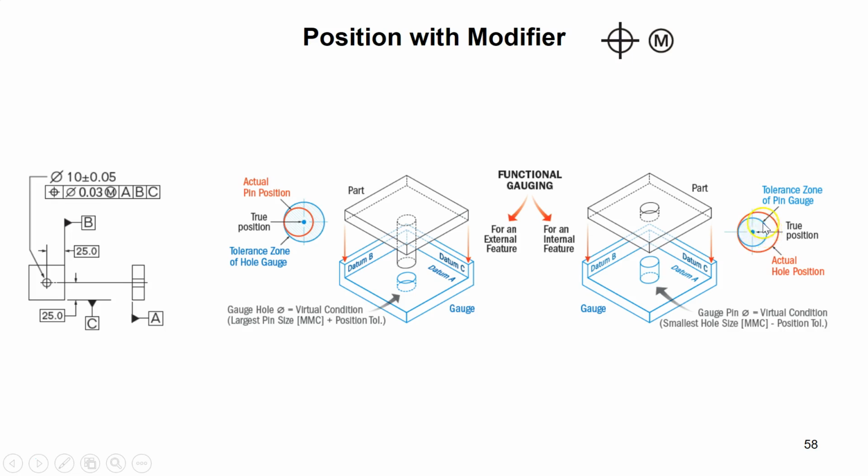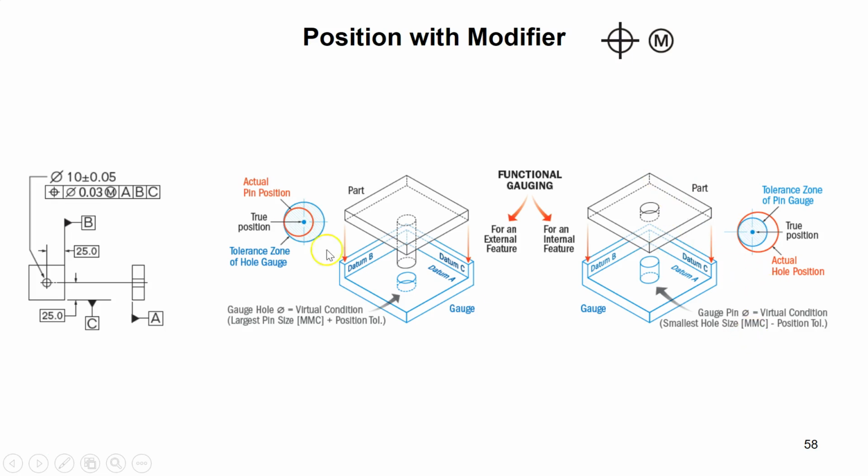If I want to ensure passing, I have to consider the worst case scenario where the hole is made the smallest, and I have to consider that the center of the hole and the center of the shaft are off by 0.03. So if I subtract that 0.03 from the minimum size of the hole, which is the MMC of the hole, that is going to be the size of this pin. Then I'm sure that it can pass through.